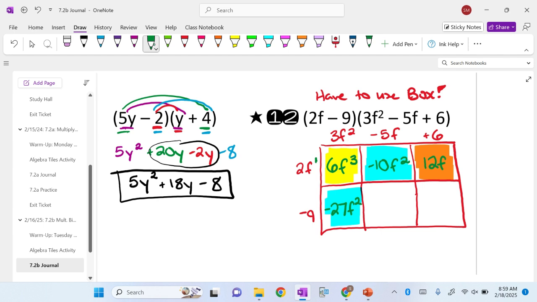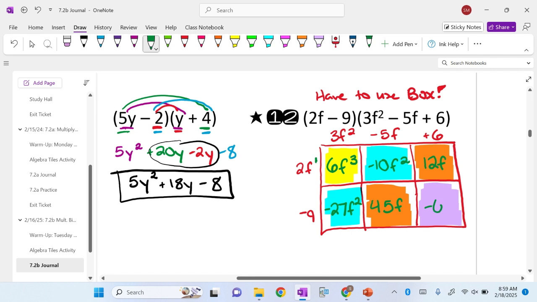So there's no f connected to the negative 9, so we just slap on whatever type of f the other term has. What about negative 5f times negative 9? Sure, it's positive 45f, because negative times a negative is a positive. And then lastly, this one. Negative 63. That's 6 times negative 9, negative 63.